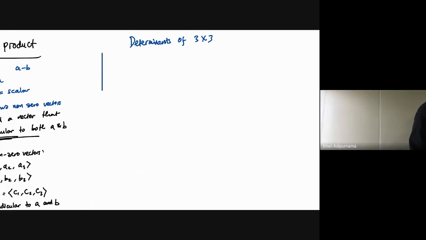Let's say you have 3 columns and 3 rows, A1, A2, A3.